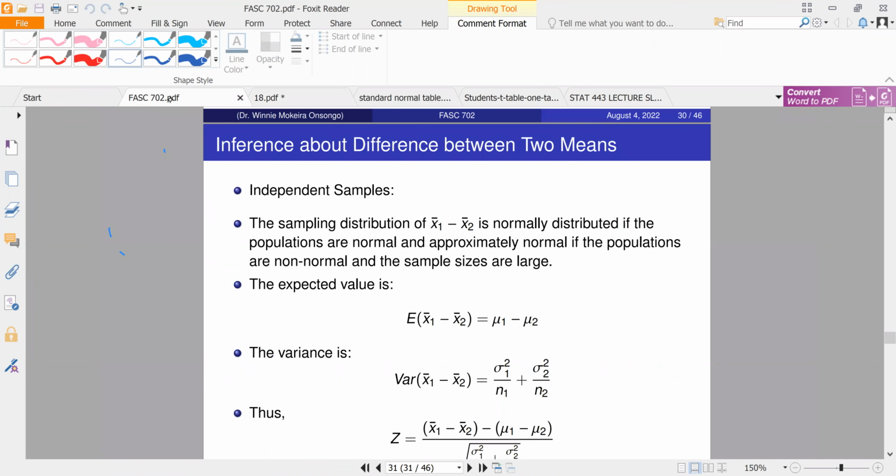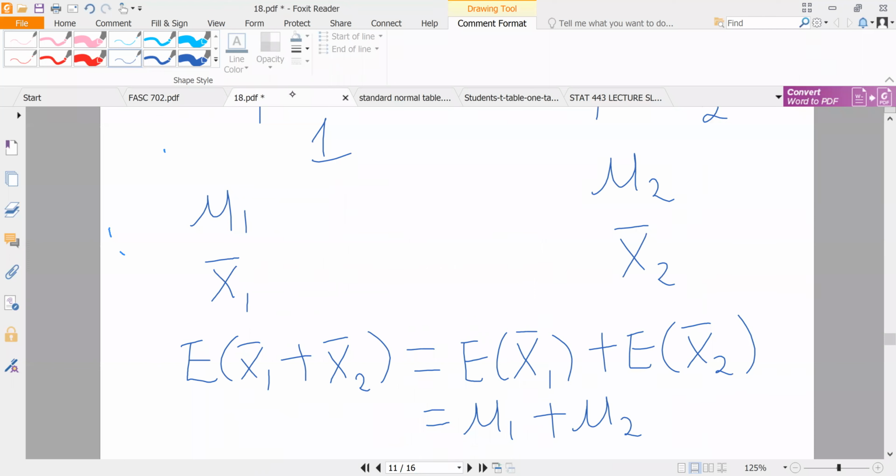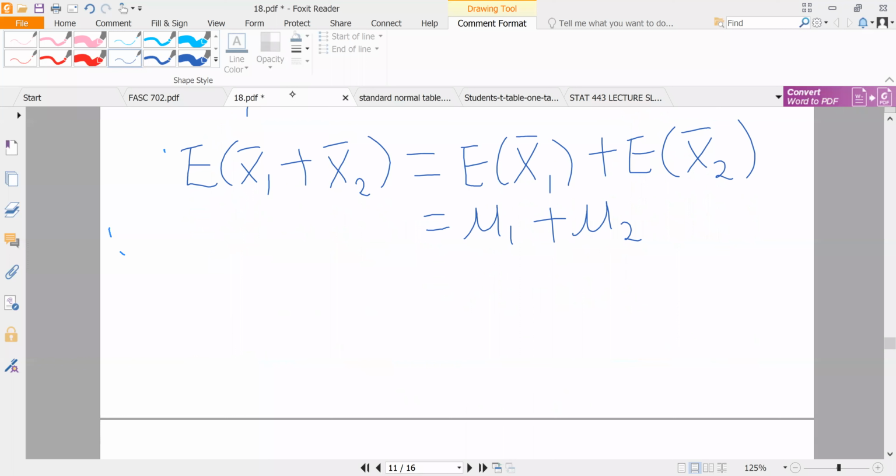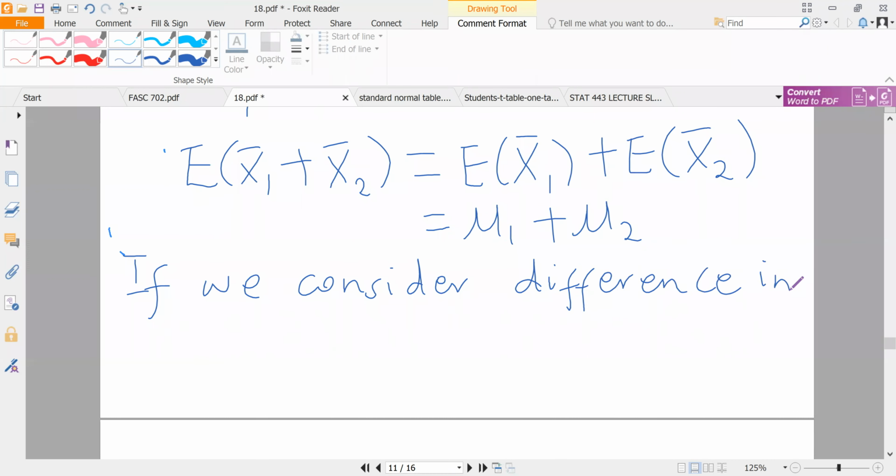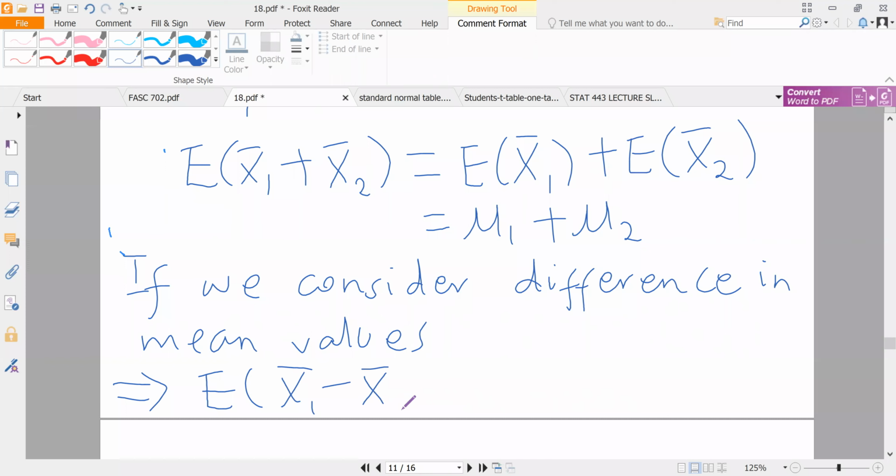In this particular case, it is an addition because we are trying to sum the two. However, if we consider the difference in mean values, then it implies that we are looking at the expectation of X bar 1 minus X bar 2.